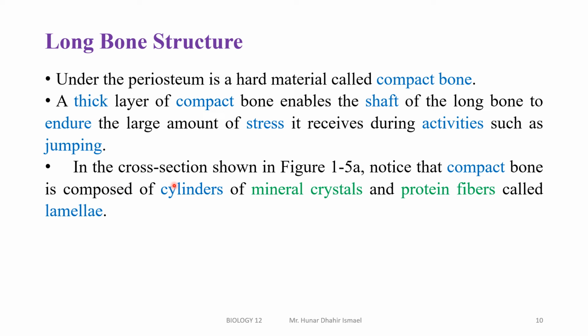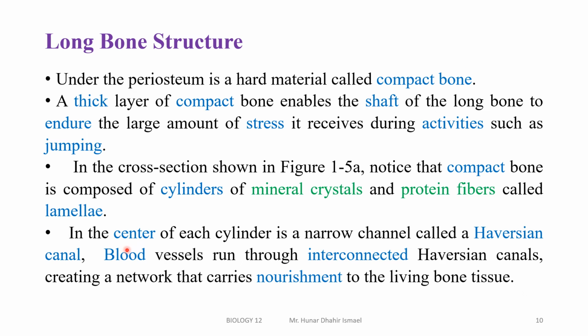In the cross section, as shown in figure 1.5a, notice that the compact bone is composed of cylinders of mineral crystals and protein fiber called lamella. In the center of each cylinder is a narrow canal called the Haversian canal.